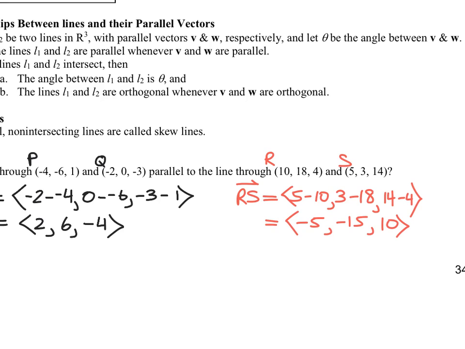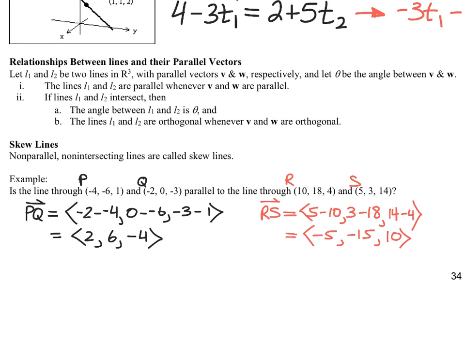All right, now we can go back to these relationships, but we're looking for the line through each of these points. One thing that we might consider doing is writing the equation of the lines in each case. But as it turns out, if you know what the relationship is between the parallel vectors, then you pretty much have what you need.